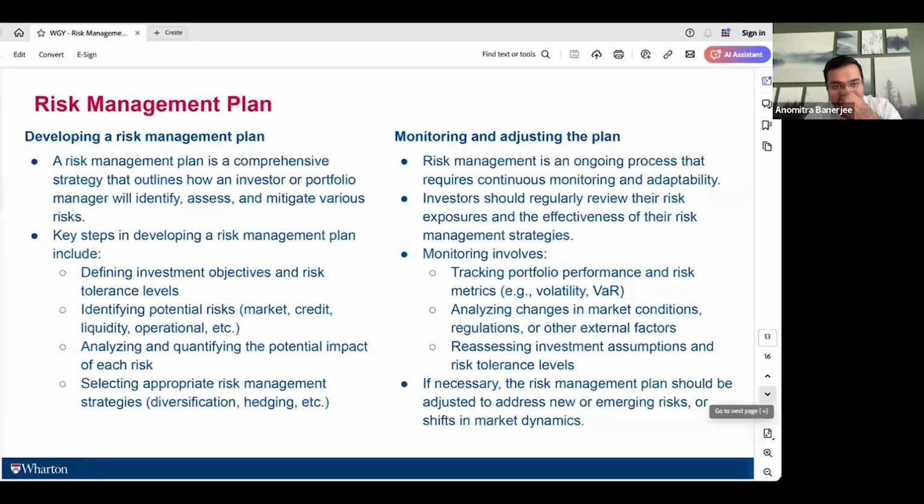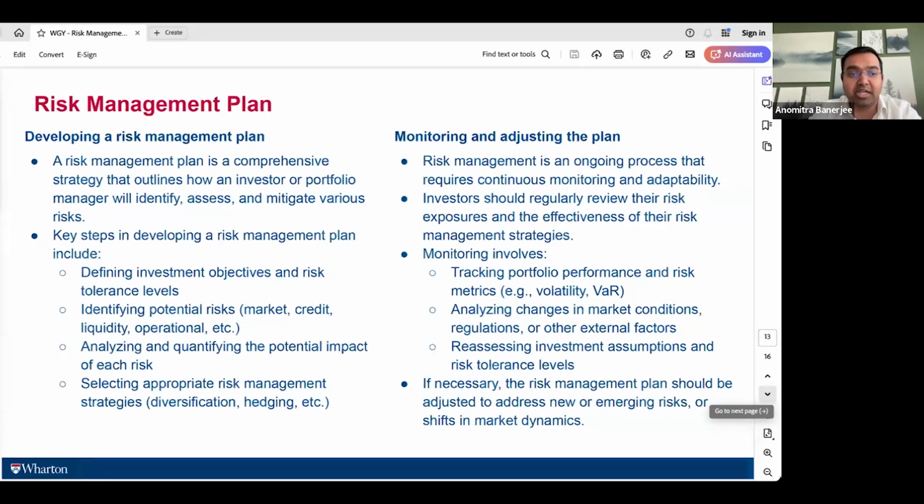And lastly, I think it's about having a risk management plan. You should develop a risk management plan. It's a comprehensive strategy which identifies, assesses, and mitigates various risks that you might have. The key steps that are helpful in creating this plan are: what's your investment objective?